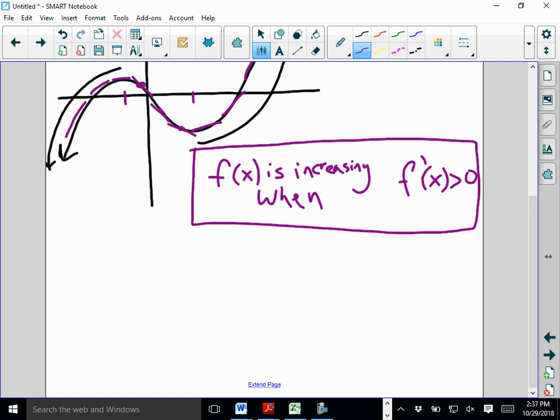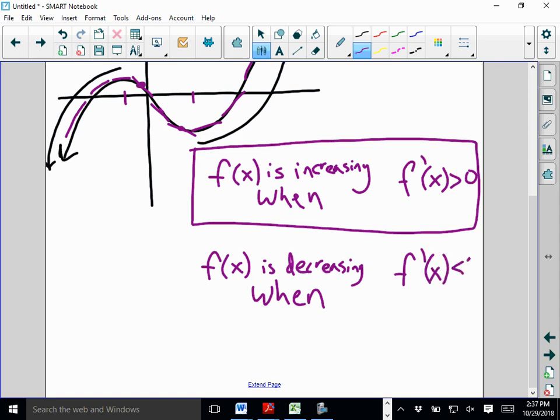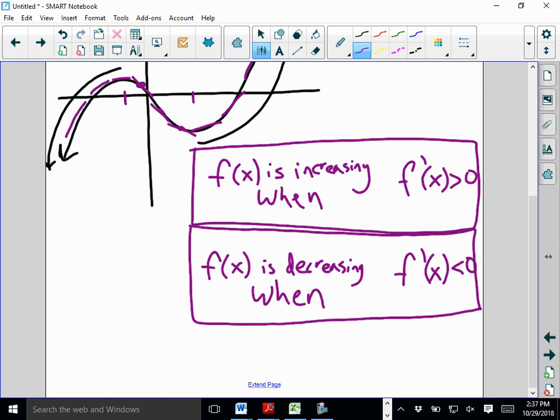How about f of x is decreasing? f of x is decreasing when f prime is negative. That should be pretty simple and pretty intuitive to us, but it's easy to forget.